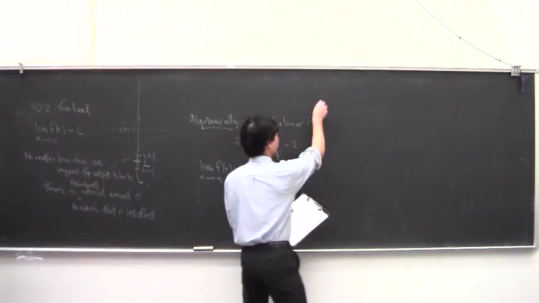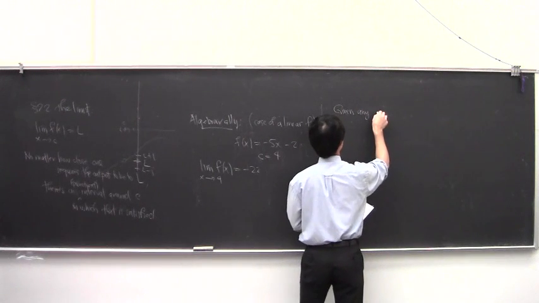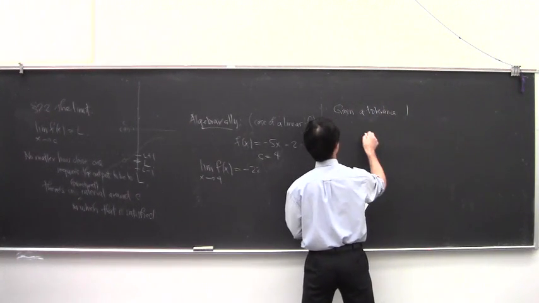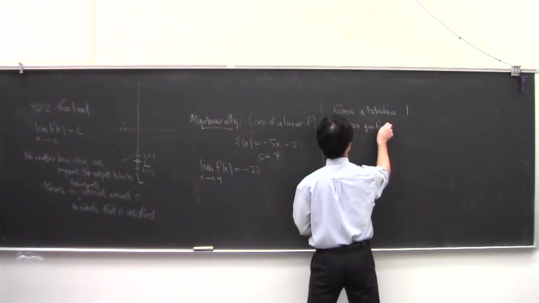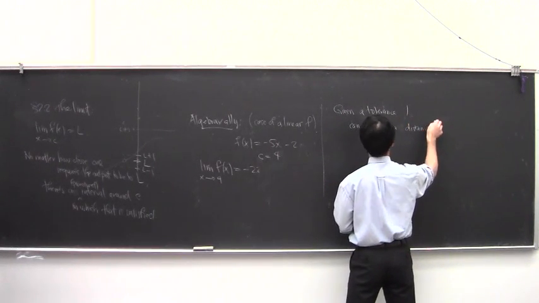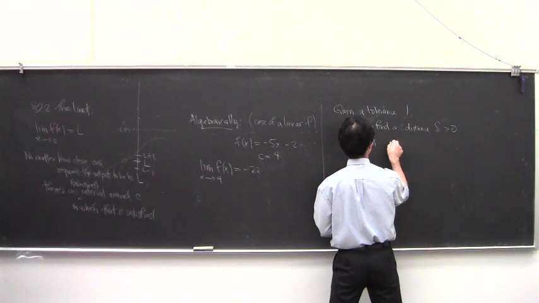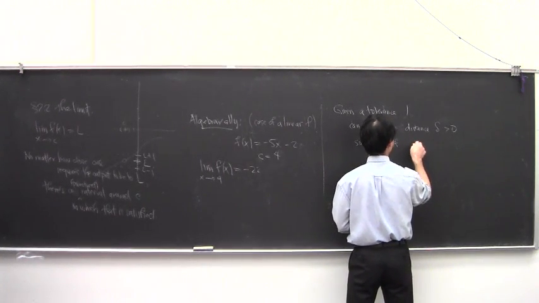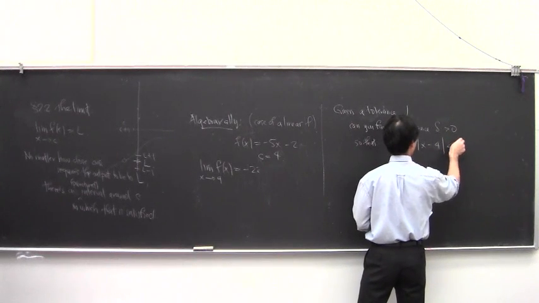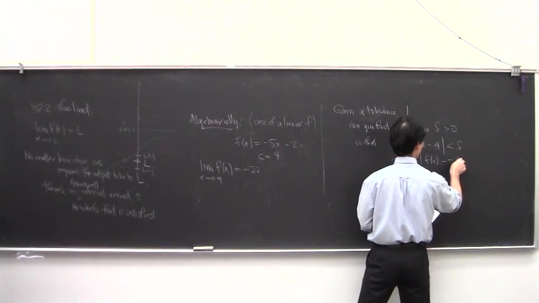So the question that person asks you is, given any tolerance, say 1, can you find an interval, a distance delta, so that if the distance of x to 4 is less than delta, then the distance of f of x to negative 22 is less than 1.